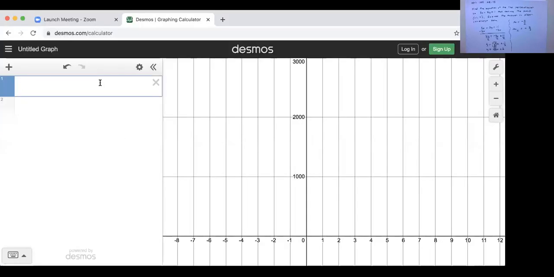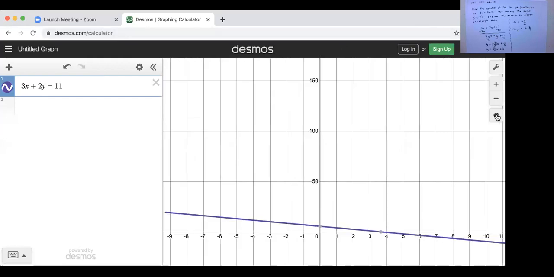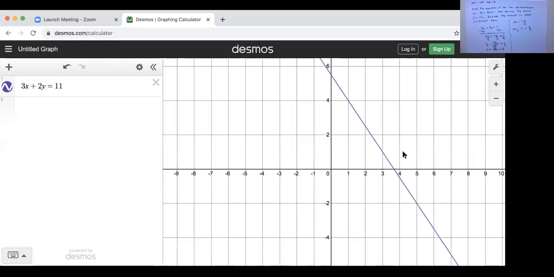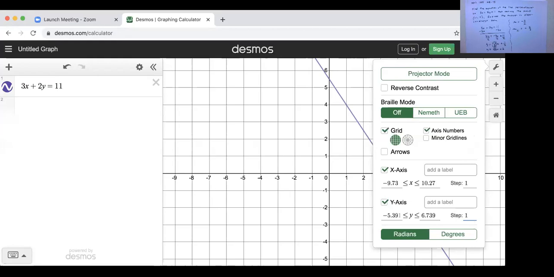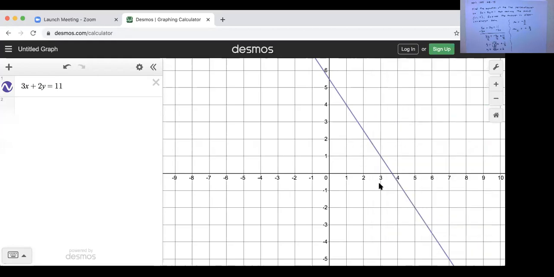So here is my original equation, 3x plus 2y equals 11. And what is our slope going to be here? Kind of difficult to see.